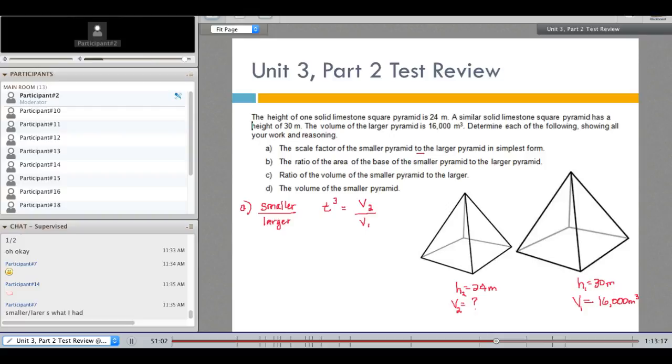If we call our smaller, it's smaller to larger, which is volume 2, our smaller volume, over volume 1. Does that confuse you guys too much? Do you guys see what I'm doing here?